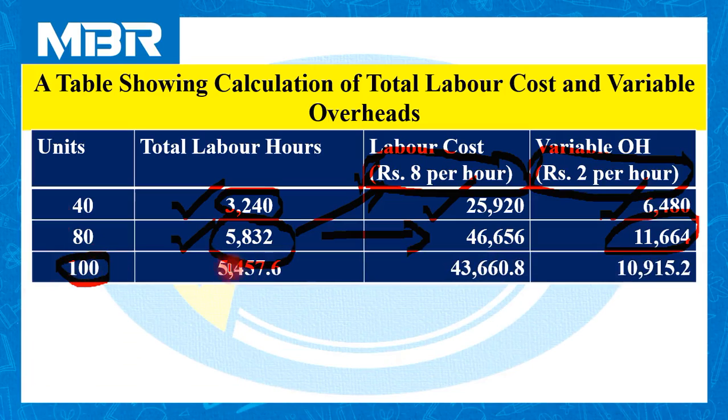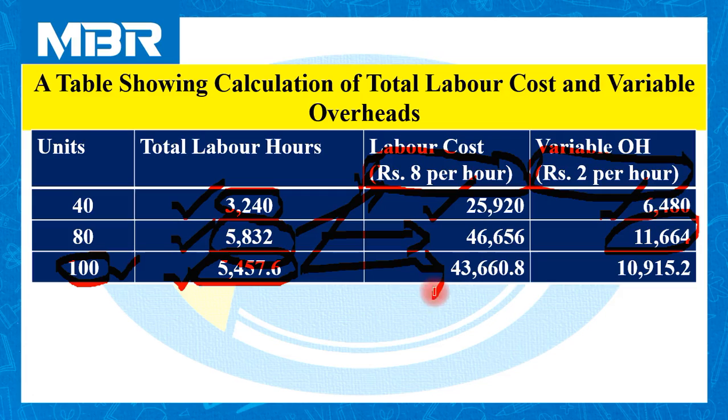The third required level of production was 100 units. And for 100 units, how many labor hours are required, that we have completed in the earlier note separately. And this calculation is important for all of us, because 100 is not included anywhere in the process of application of learning curve through trial and error, that is doubling the production. So we need to calculate 5,457.6 hours separately in order to manufacture 100 units. Now labor cost at the rate of ₹8 per hour.